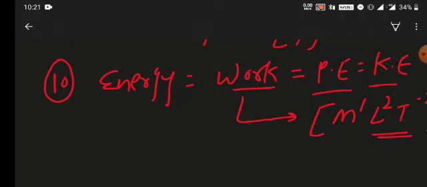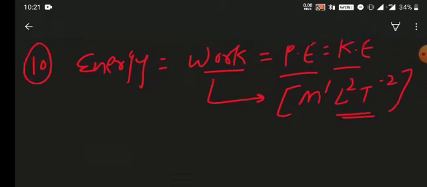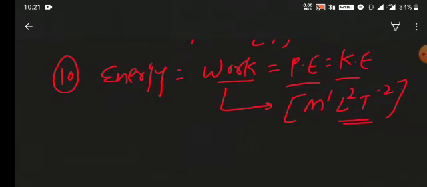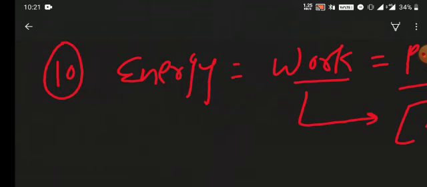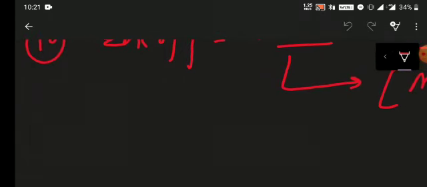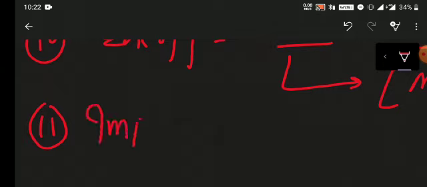So we already know that the dimension of energy is M1 L2 T minus 2. Now the next one, the 11th: impulse. What is impulse?